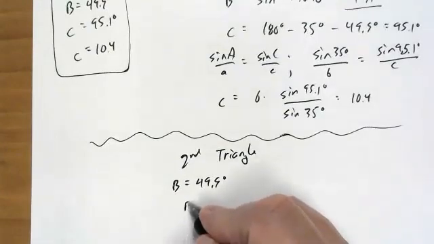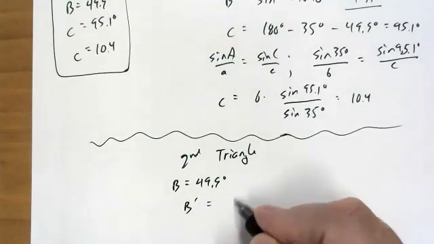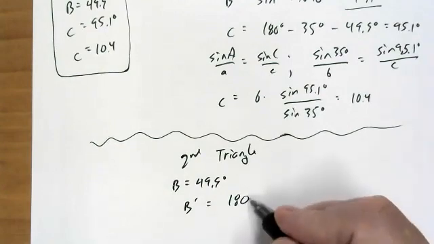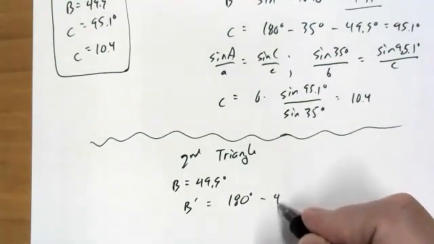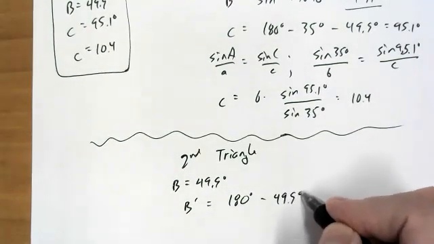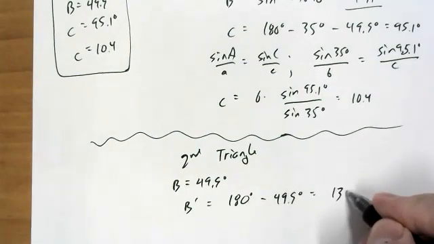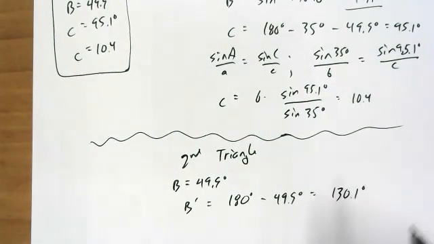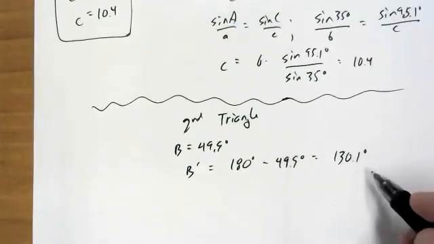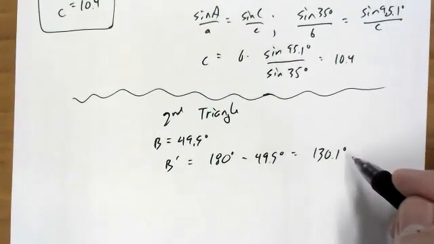If there is a second triangle, it's going to equal 180 degrees minus 49.9 degrees, 130.1 degrees. At this point, we don't really know if there's a second triangle or not. The next step will determine that.